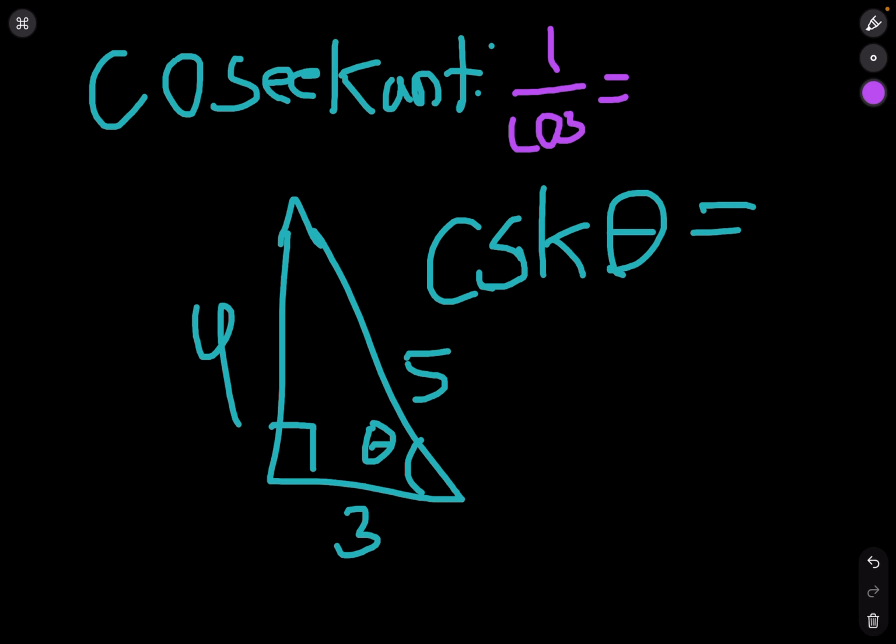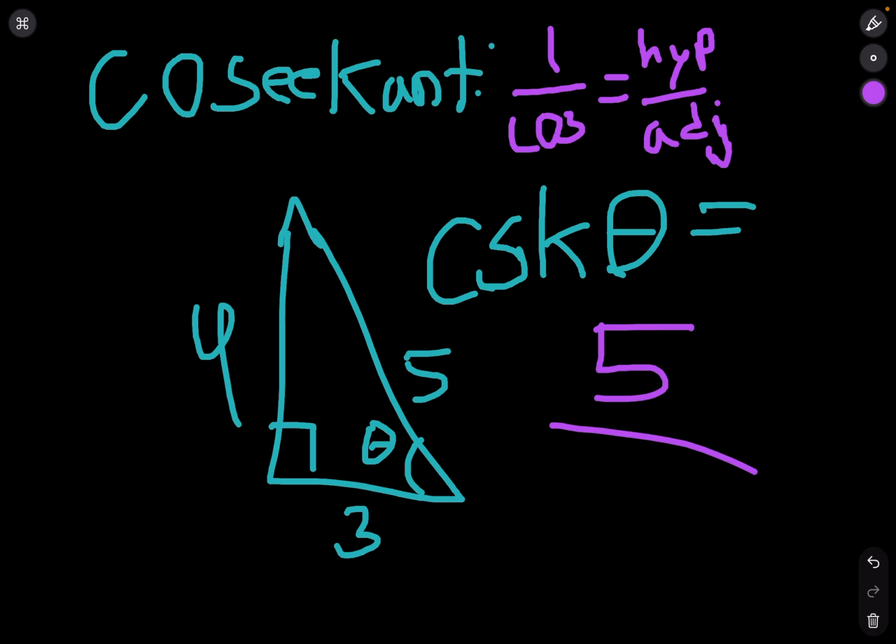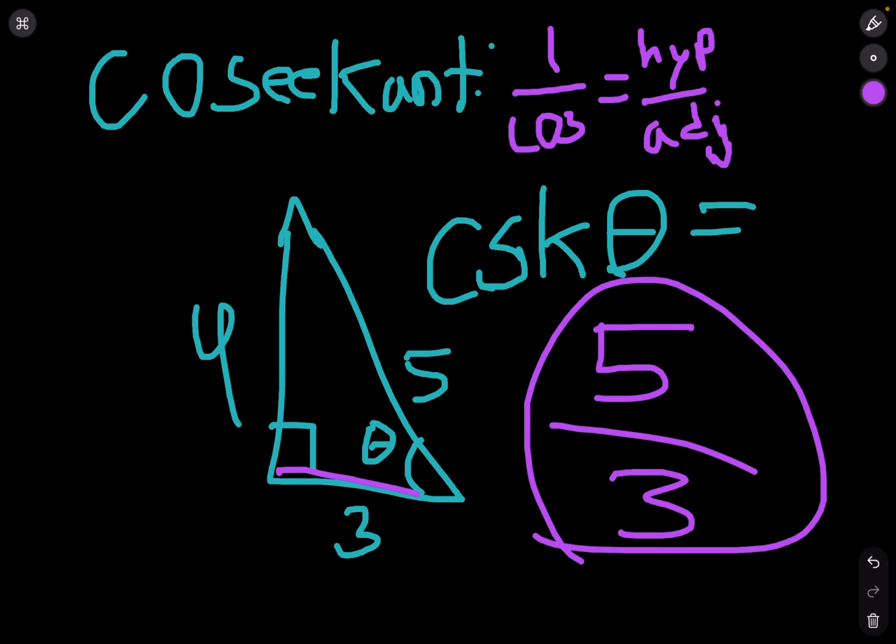What is that, you ask? If it's adjacent over hypotenuse, it would be hypotenuse over adjacent. And this goes for all these types of terms that are dependent on cosine, sine, and tangent. So let's find the cosecant of theta. Hypotenuse is 5. Adjacent to this angle is 3. 5/3. Easy as that, right?